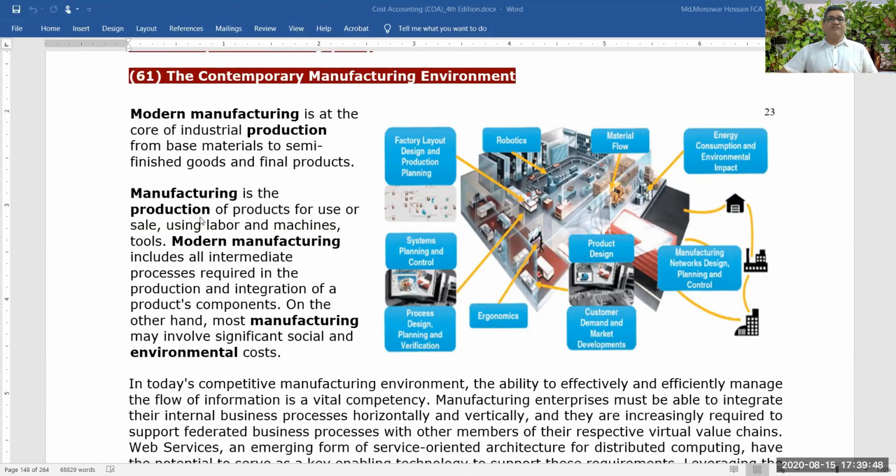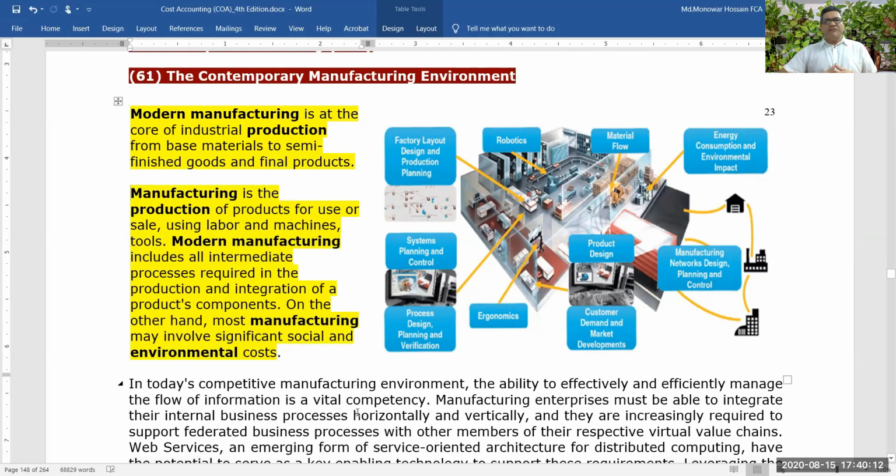Modern manufacturing is at the core of industrial production, from base material to semi-finished goods and the final product. Manufacturing is the production of products for sale to users using labor and machine tools.